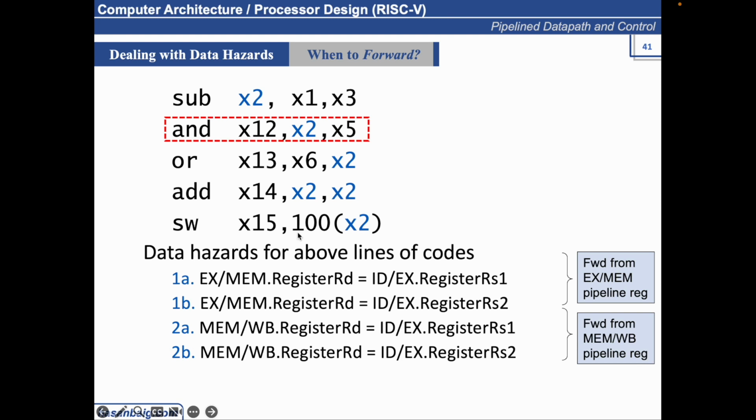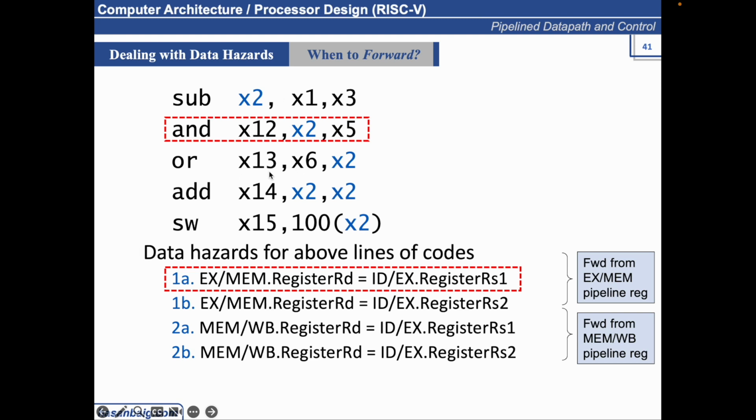All right, so the condition that is satisfied in the case of this instruction will be this one, because when this instruction is in the xmem phase, the xmem register rd is x2, and the second instruction will be in the execution phase, so the idx register rs1 corresponds to this condition.